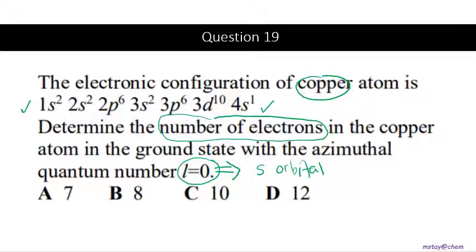For the electrons in the s orbitals, we will total up. 1s has 2 electrons, 2s has 2 electrons, 3s also has 2 electrons, while 4s has 1 electron. So in total we will have 7 electrons with l equal to 0.